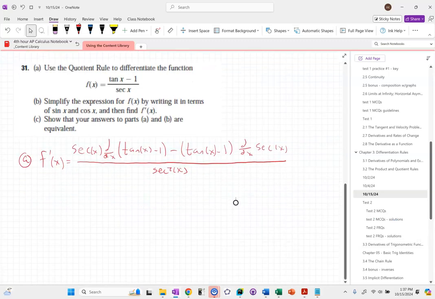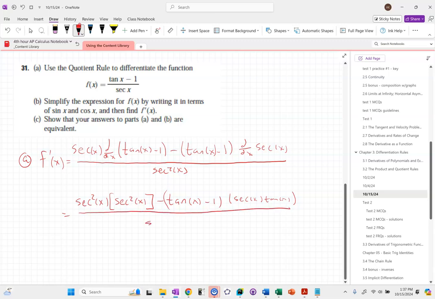What's the derivative of tangent x minus 1? Secant squared, and really minus 0, but we don't need to say anything about the minus 0. Very good. And what's the derivative of secant? Secant x times tangent x. We're all over secant squared.